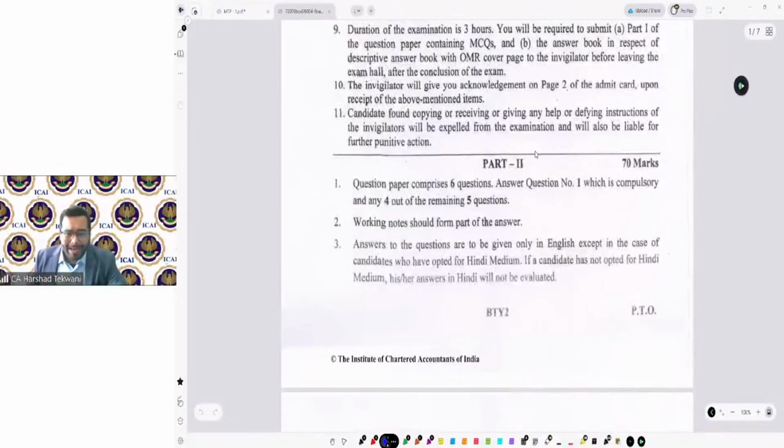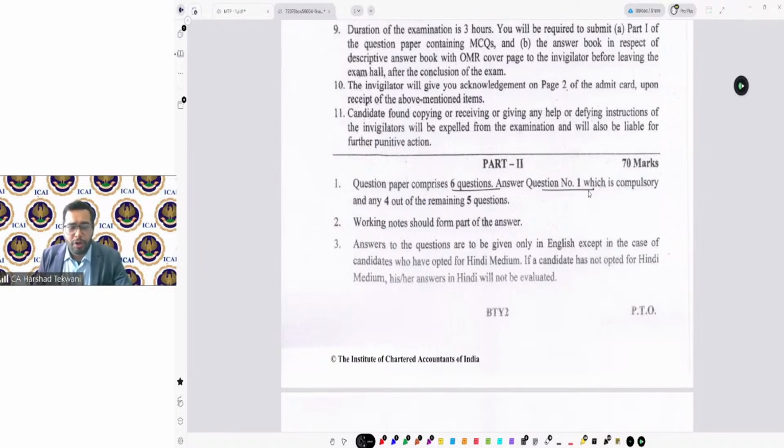Now, when you receive this particular paper, there are two approaches students can follow to answer, because you have an option. If you see in the paper, it comprises 6 questions, and one is compulsory.